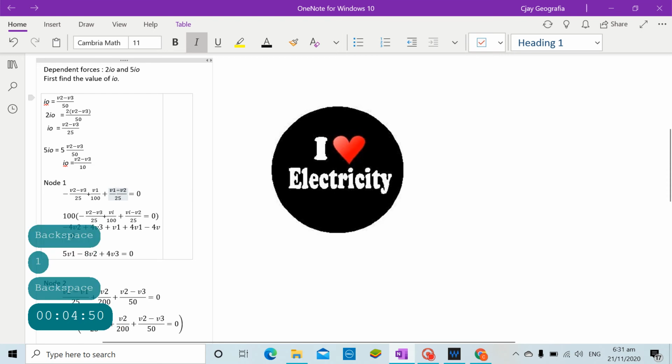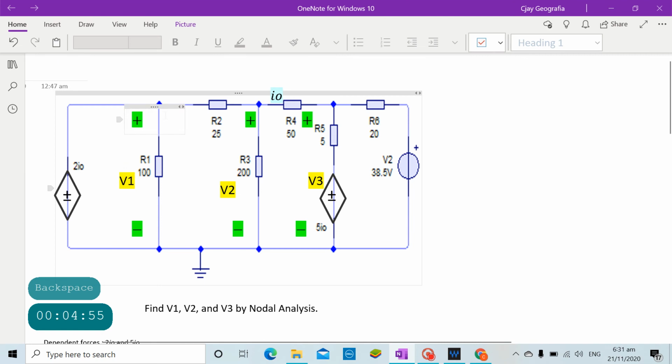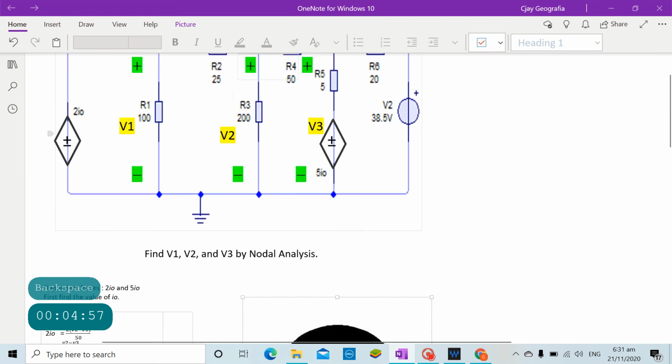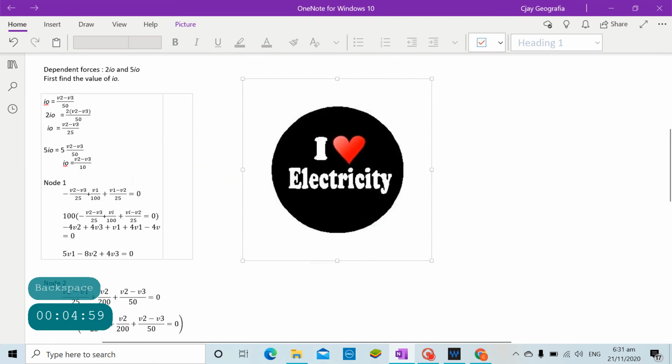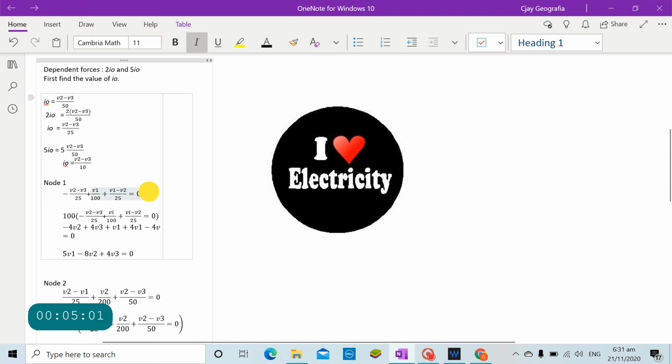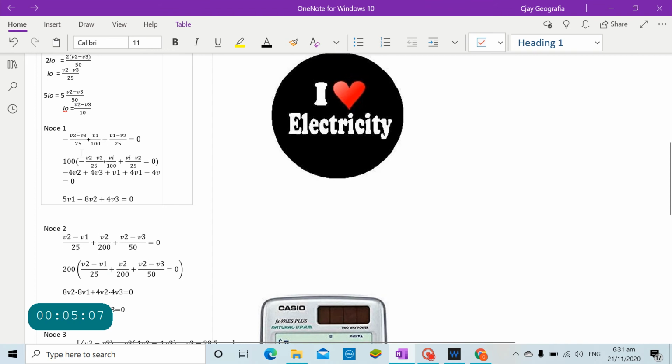Okay, so back to work. So again, it's just a simple pattern. You need to use the KCL method and Ohm's law, which is V over R, which is I. So again, we need to clear some space on this equation.